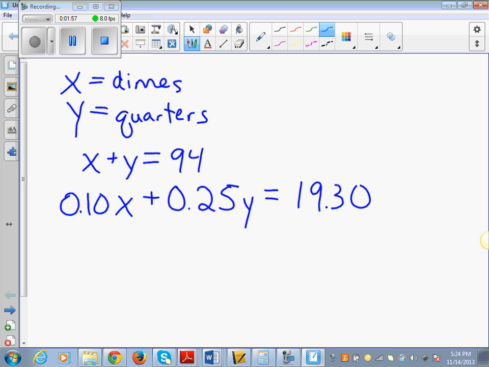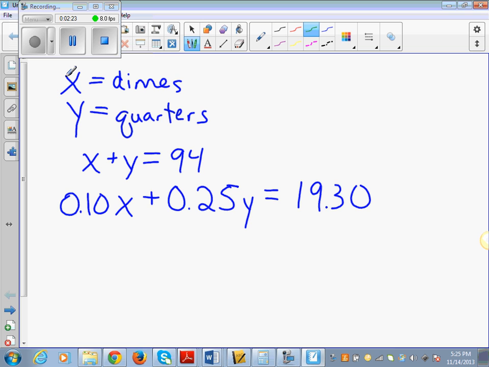And you could use elimination or you can use substitution for this. I would not recommend graphing. So let's do substitution, since I know a lot of you are still struggling with substitution. With substitution, we have to rewrite one of our equations so that it solves for x or y.